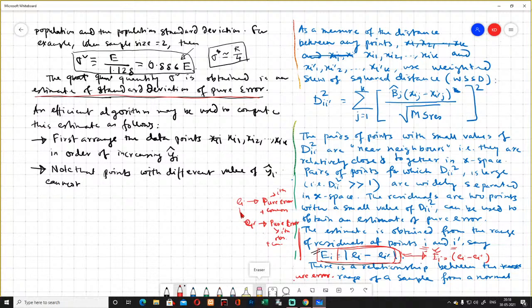So if you subtract these two, then you get an estimate of the pure error.